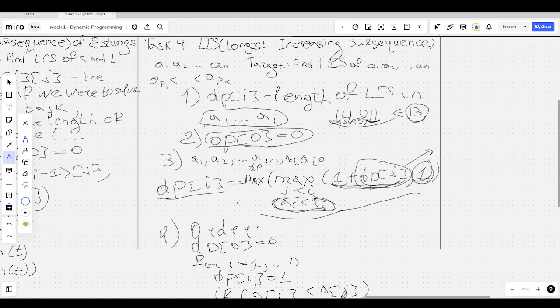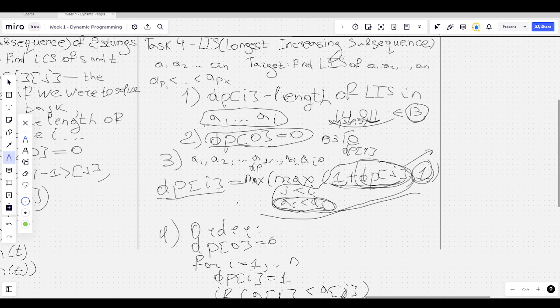And if we can't, suppose in this example we are located in this position, dp 3, and this is dp not 3, 4, and in this position this set is empty.